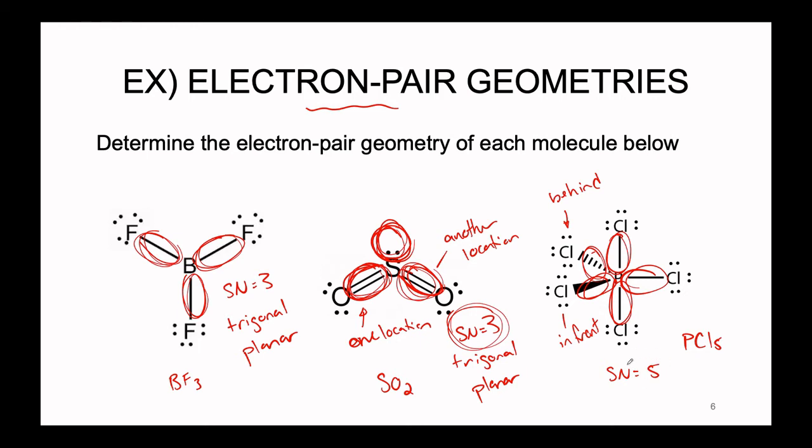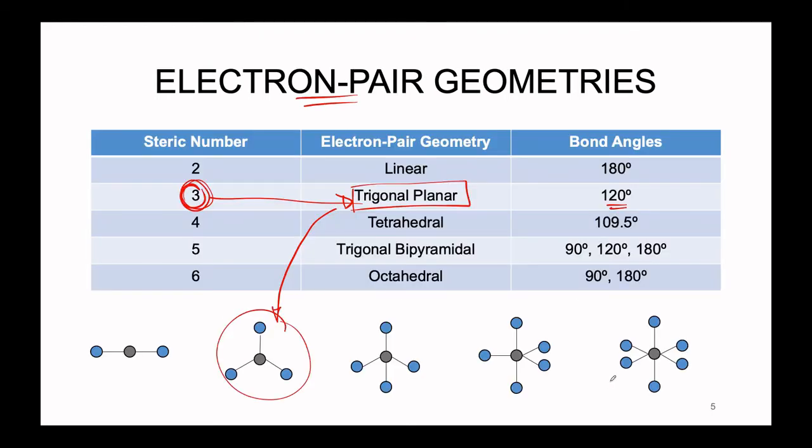So this is a great example of how we have a central element that has an expanded octet, and all of these electrons are actually spread out in 5 different unique locations. Because of that, going back to our table, a steric number of 5 corresponds to a trigonal bipyramidal geometry, this one right here.